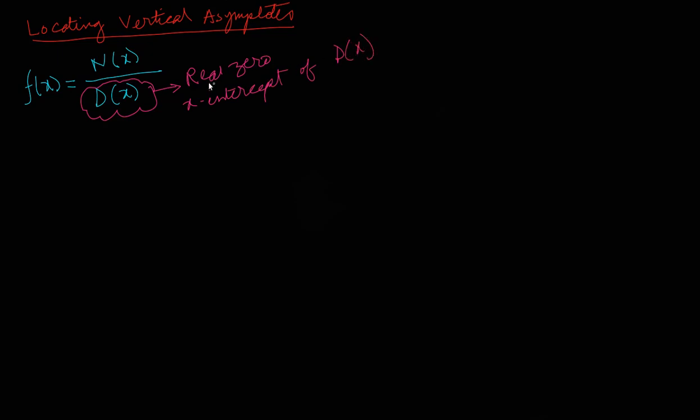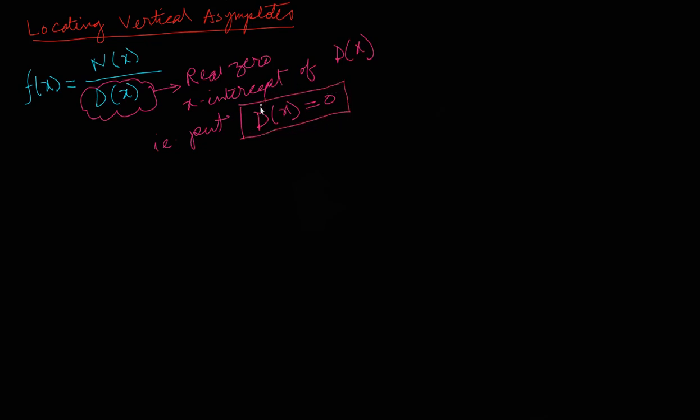Okay, not the function f of x. So to find the real zeros or x-intercepts of d of x, we need to put d of x equal to 0. So that is how we are going to find a vertical asymptote.